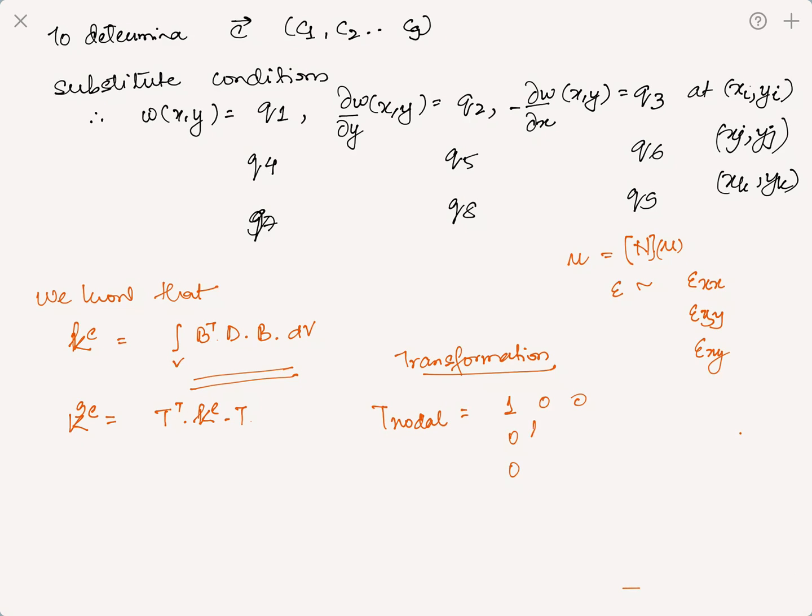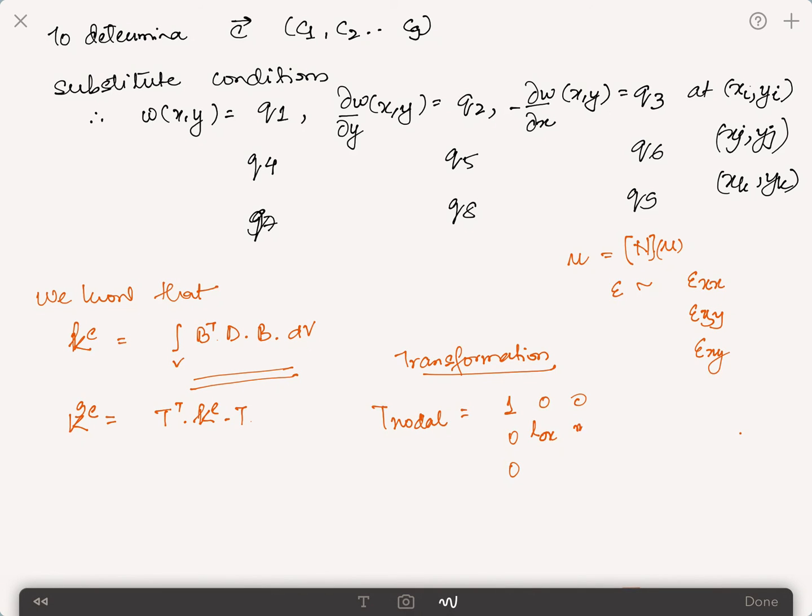So I can write the direction cosines as lOX, mOX and lOY, mOY. So this will become my nodal transformation. I need to put it together to get a 9 by 9 element transformation matrix, because the u is also 9 by 1, and the stiffness matrix is 9 by 9 for a 9 degrees of freedom system.